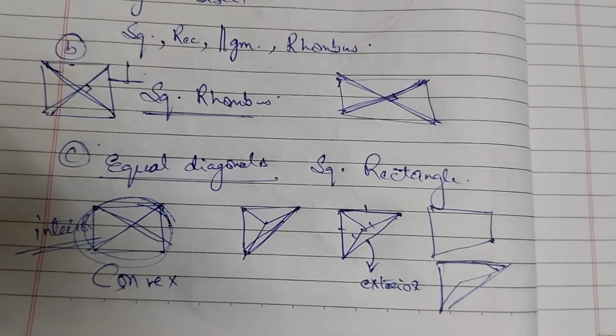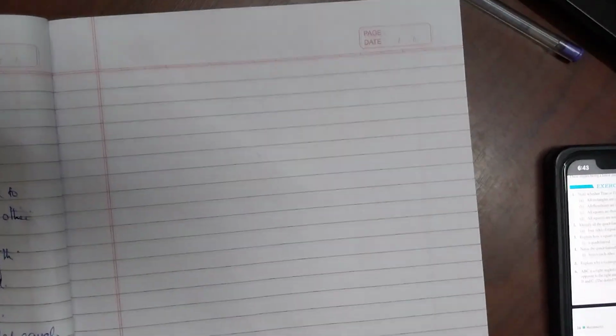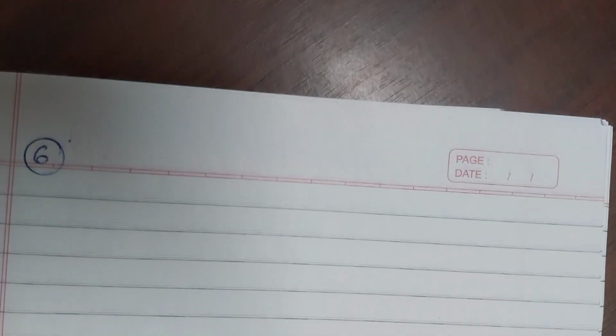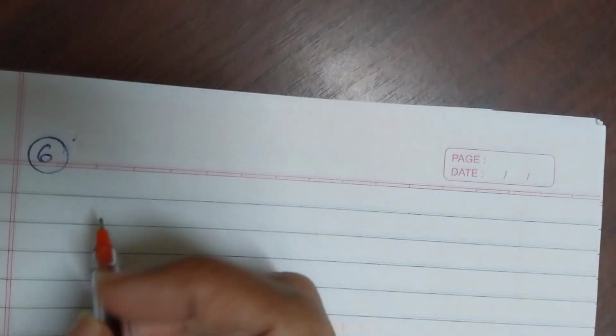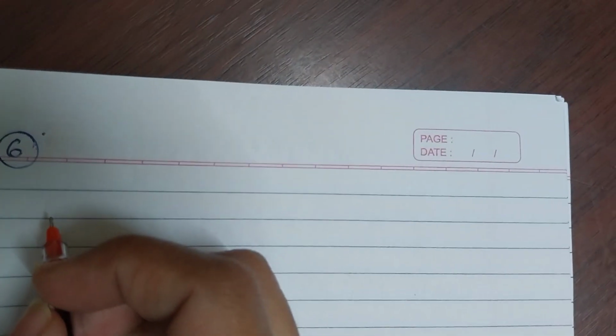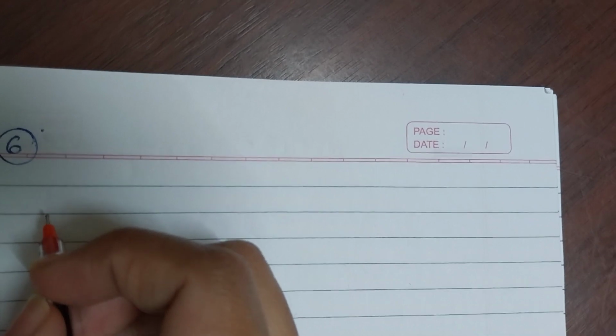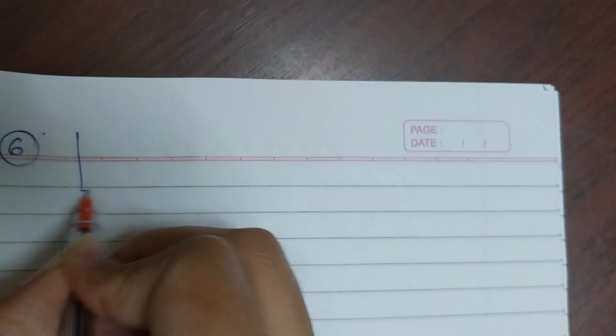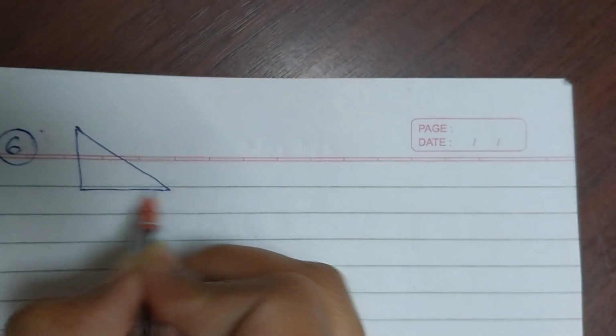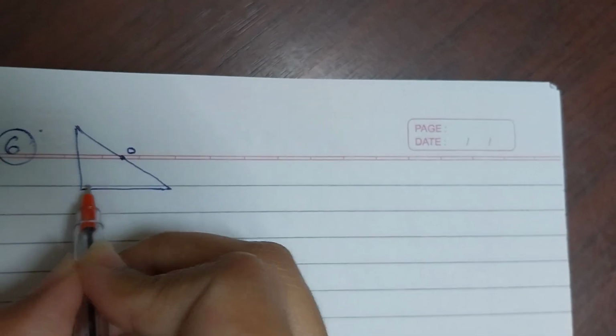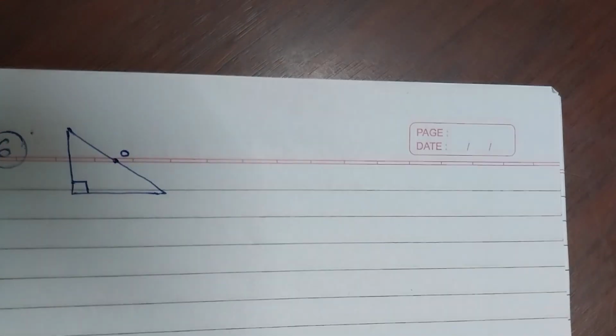Okay, next question. Going to the sixth question here, it says that ABC is a right angled triangle, and O is the midpoint of the side opposite to the right angle. Suppose ABC is this and O is the midpoint of the side which is opposite to the right angle.